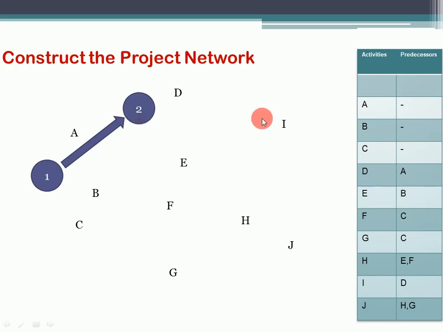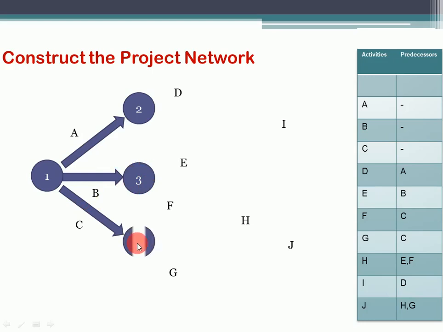Now activity B, again having no predecessor, will also start from node 1, and as activity A ended at 2, this will end at node 3. Now activity C, again having no predecessor, will start from node 1, and as the previous activity ended at 3, this one will end at node 4.